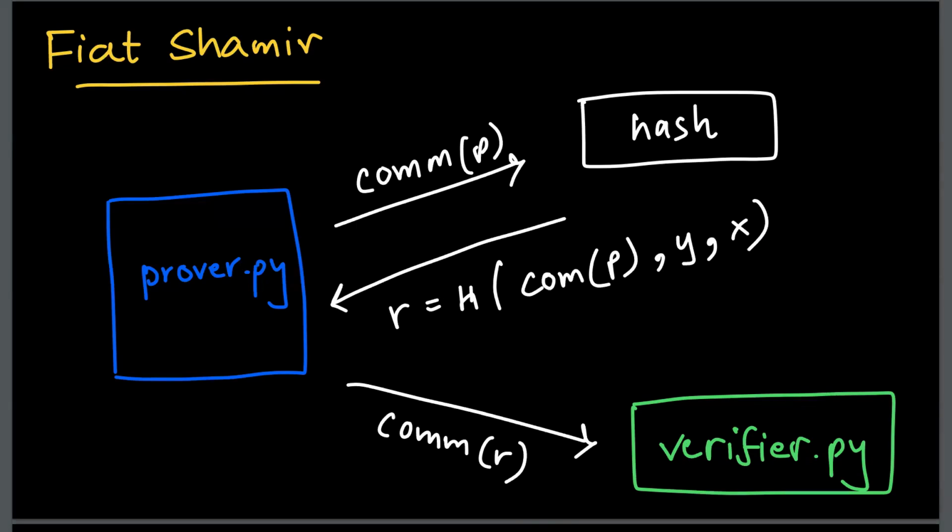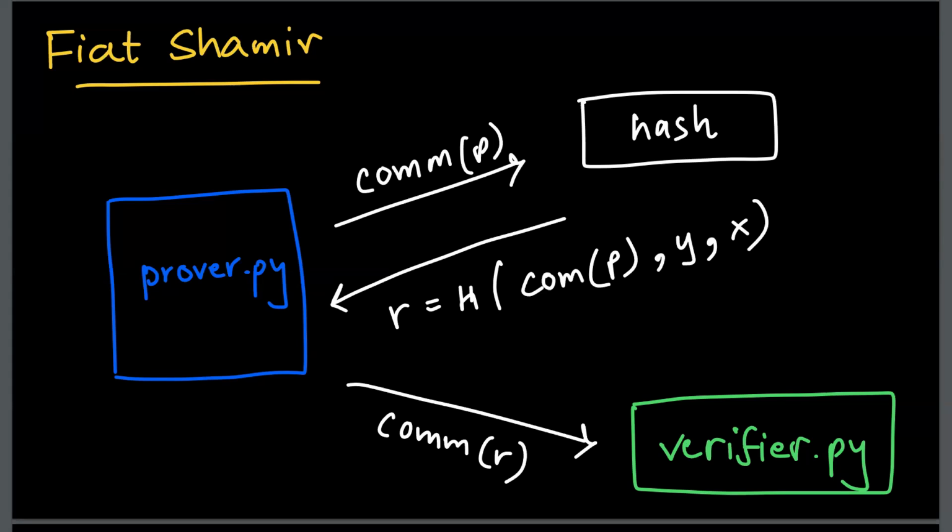Now, these variables are really important, and if you mess any of these up, you can compromise the security of the zero knowledge system. So, the prover would hash the commitment and a few other variables to obtain a random R, and then it would evaluate the commitment at the random R on its own and send it back to the verifier.